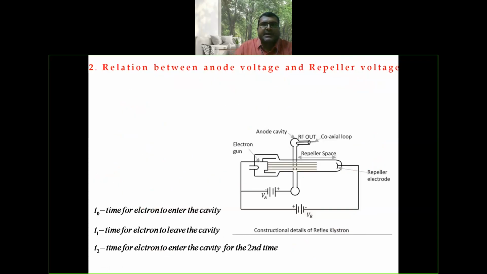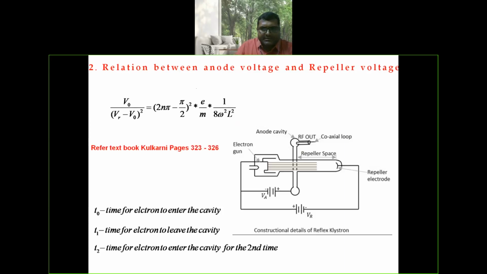The next is the relation between repeller voltage and anode voltage. This is the cathode voltage V0, and this is the repeller voltage VR. What is the relation between these two? In a reflex klystron oscillator, V0 is the DC voltage applied between electron gun and anode, and VR is the repeller voltage applied between cavity gap and repeller.